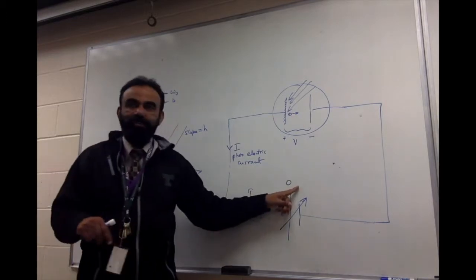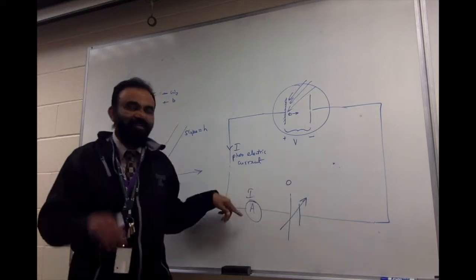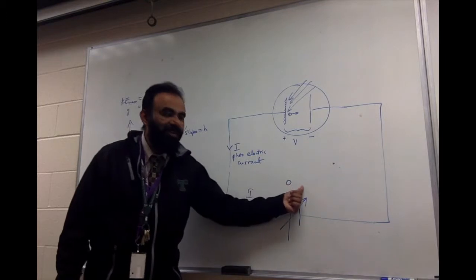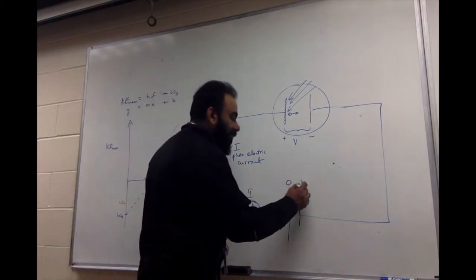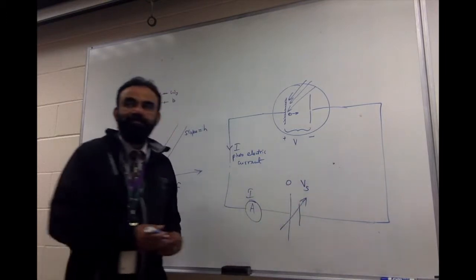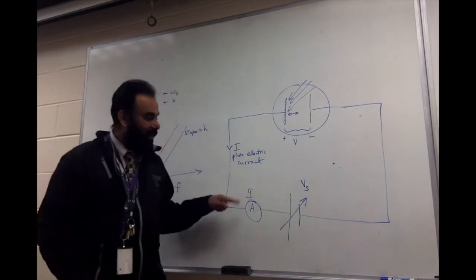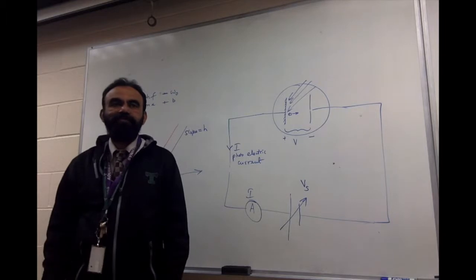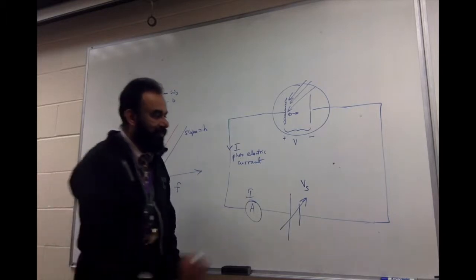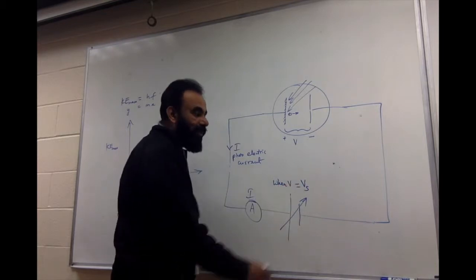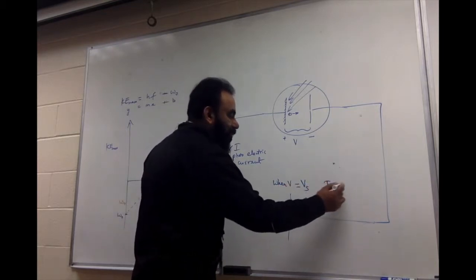And you increase it to 2, 3, 4, the current will go lower, lower, lower. And finally, when you reach a certain voltage, which is called stopping voltage, the current becomes 0. So when V is equal to stopping voltage, I is equal to 0.